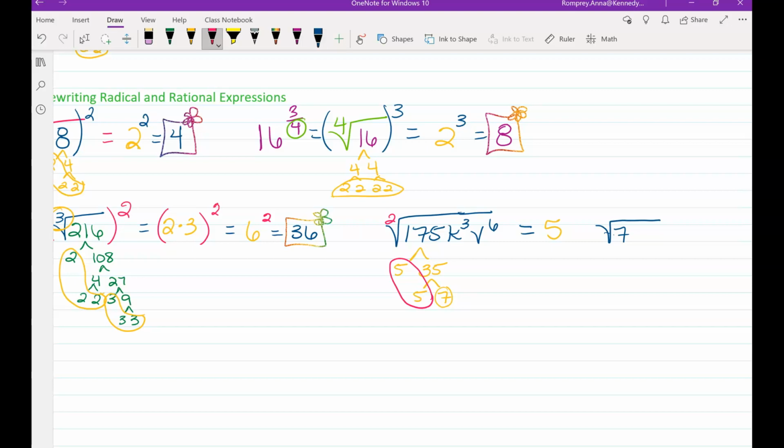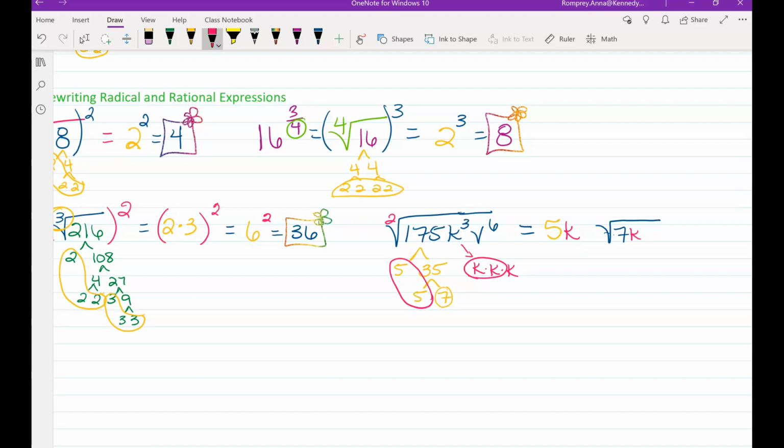So now, k cubed. 2 different ways you can think about this. Remember, we're looking for pairs. Well, what is k cubed? K times k times k. So how many groups of 2 do we have? 1. So one group of k's comes out, but we still have a k that's left over. So v to the 6, same thing.